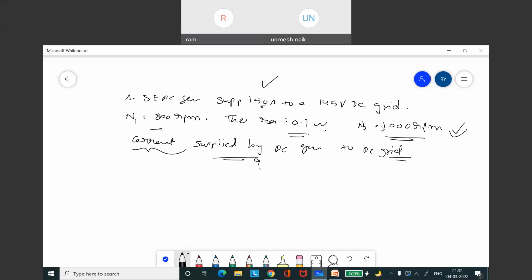Now you find the induced EMF using pi Z by 60 into P by A, with 160 at 800 RPM.